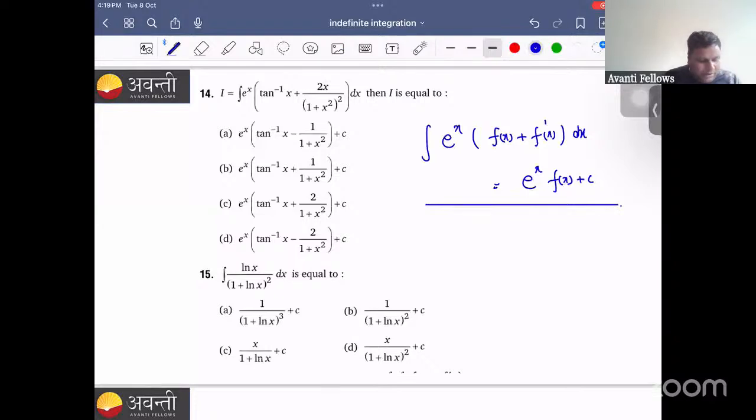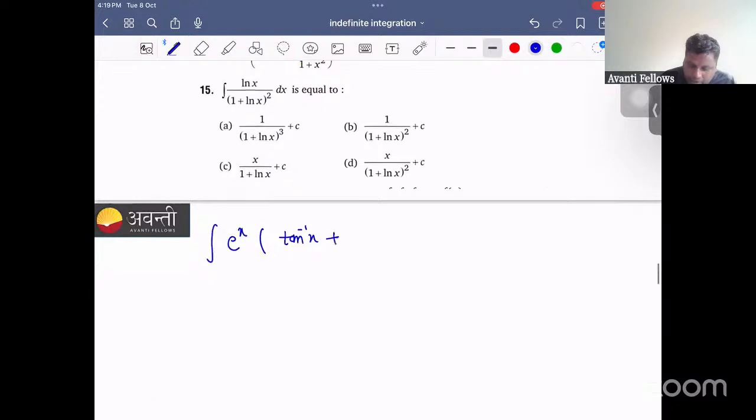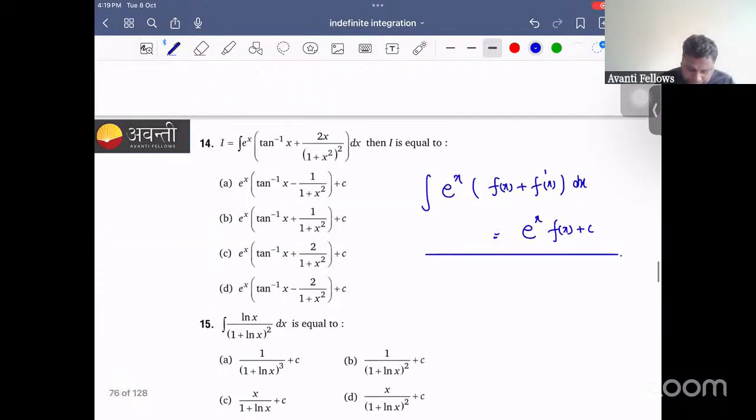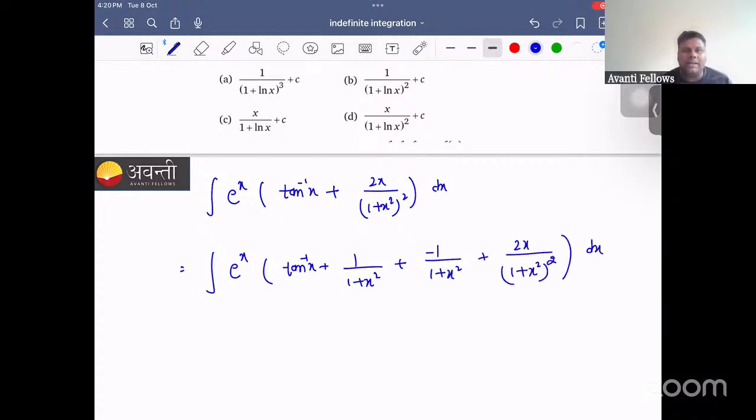Now the question is integration of e to the power x times (tan inverse x minus 2x upon (1 plus x square) whole square) dx, correct? Now it is e to the power x tan inverse x, plus I add 1 upon 1 plus x square to it. Then definitely I will also have to subtract it.